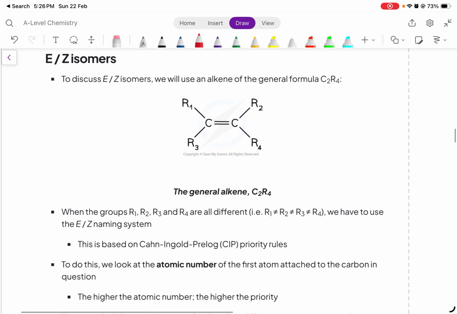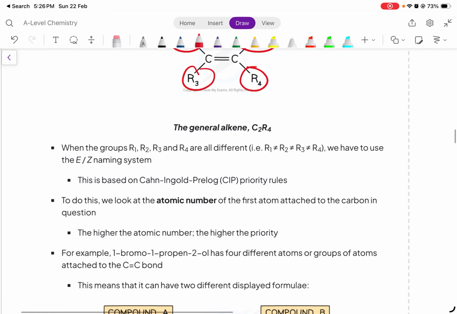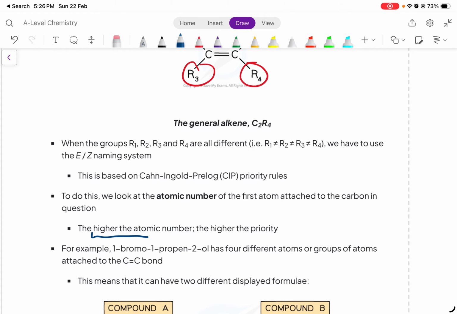So generally, we look at E and Z isomers in terms of their general name, which is C2R4. We call the groups R1, R2, R3, and R4, and we always prioritize the higher atomic number.